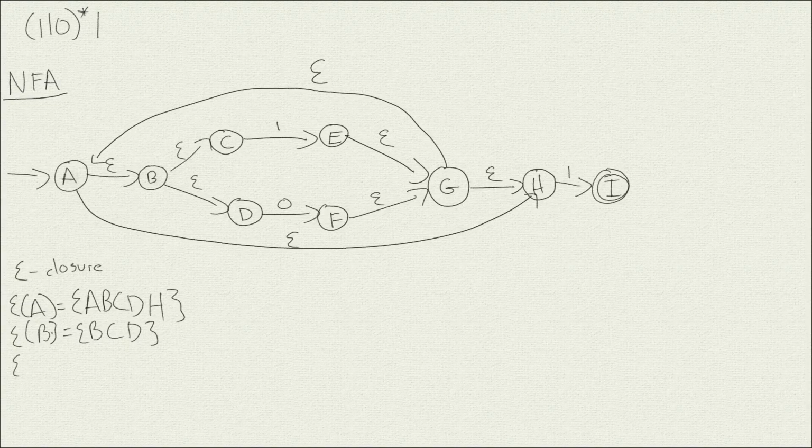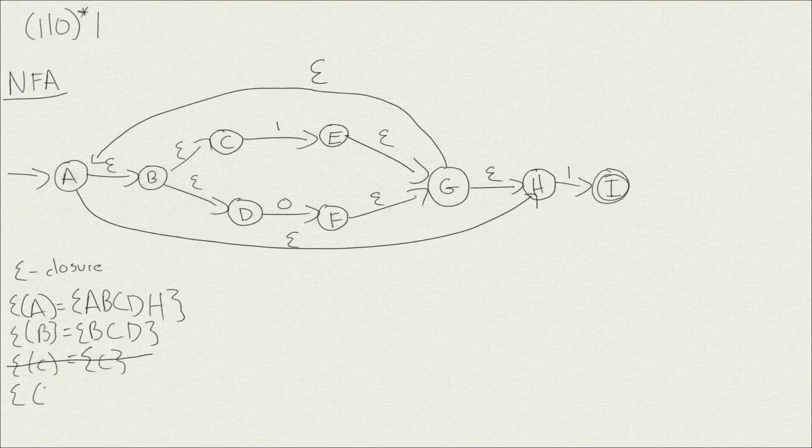Let's calculate the epsilon closure of C. You see how the epsilon closure of C is only C? There is no arrow pointing epsilon, only to itself. So for these closures, we can actually just erase this. Any epsilon closure that gives us just the starting state is basically ignored because we won't need to calculate it.